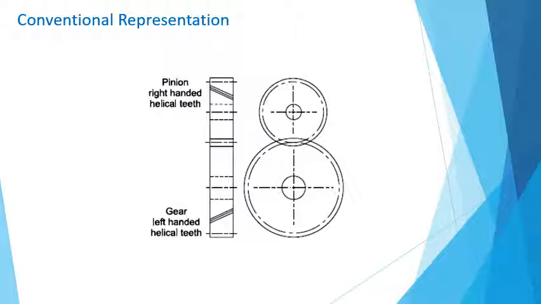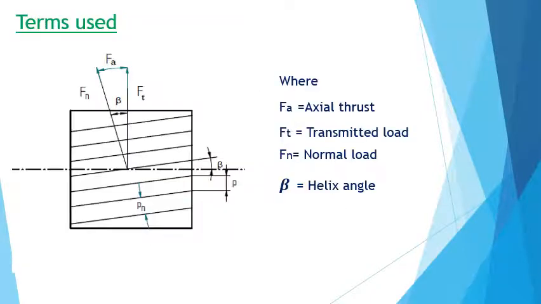If the lines are sloping downward to the right side, then it is a right-handed helical tooth, as we can see here. Whereas if the lines are sloping upward to the right side, then they are called left-handed helical teeth.